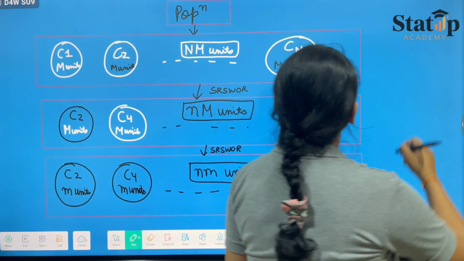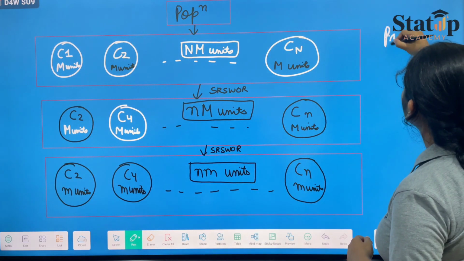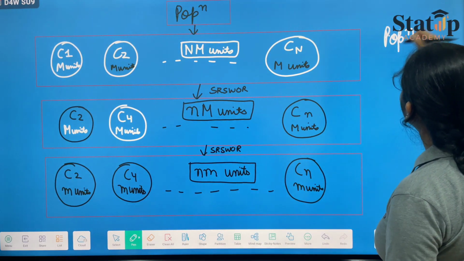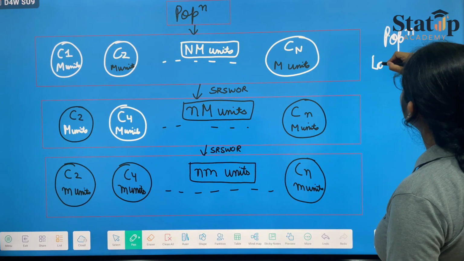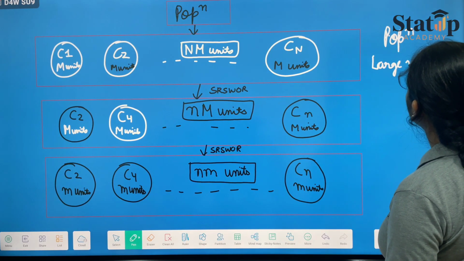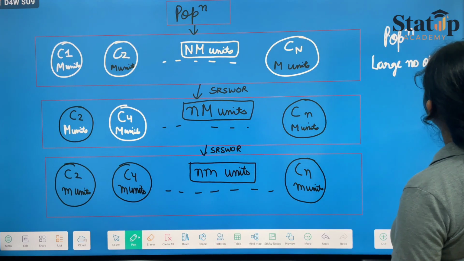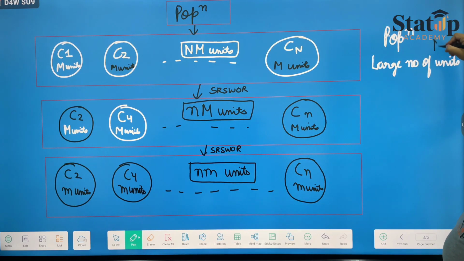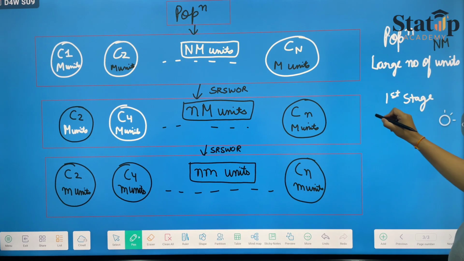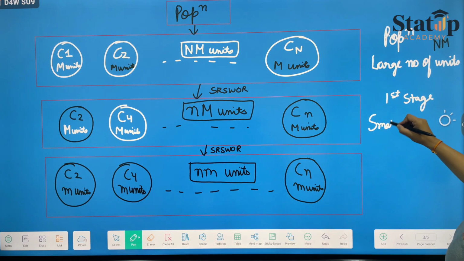This is known as the population with a large number of units. What is the number of units in the population? Capital N into capital M. Then this is known as the first stage, where a smaller number of units is there.